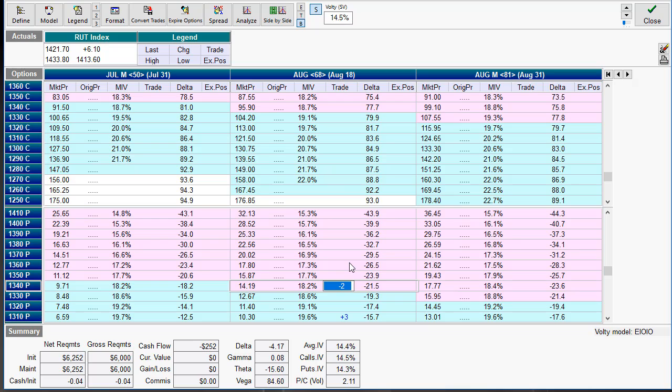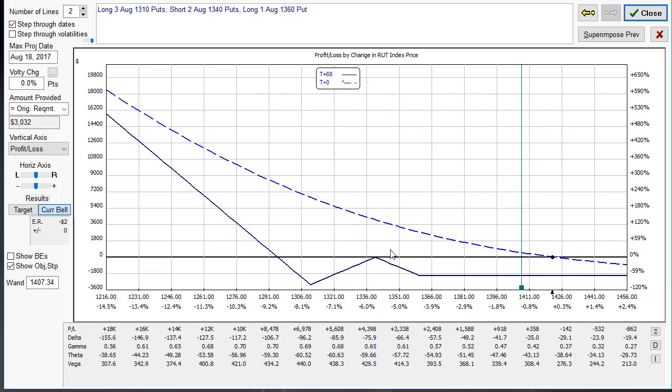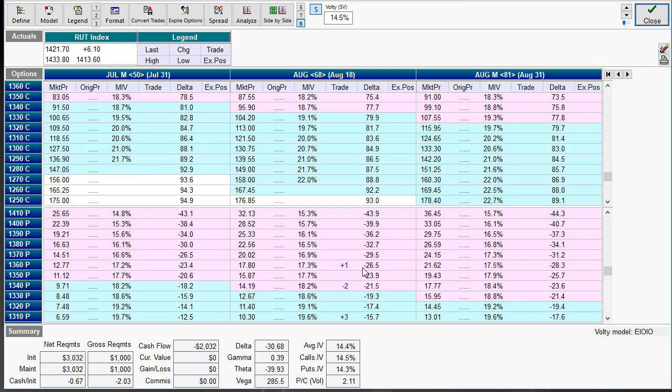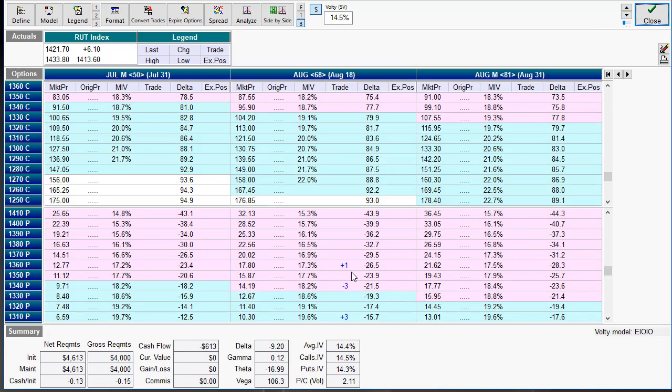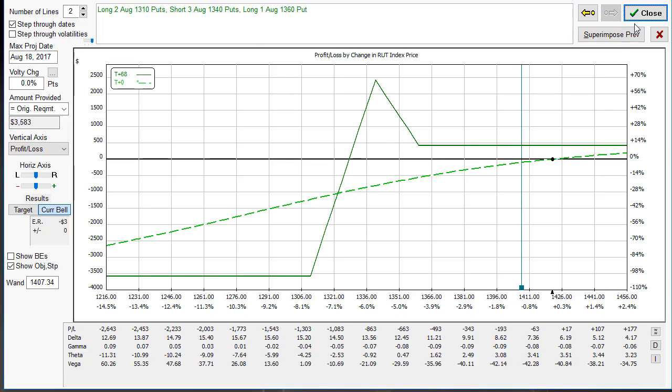I want to sell 2 of these, I want to buy 3 of these, and I want to buy 1 of these. All right, what does that give you? Actually, what did I do wrong here? Oh yeah, no, we have to do this. We have to go -3. There we go. That gives you a very defined amount of risk on both sides.